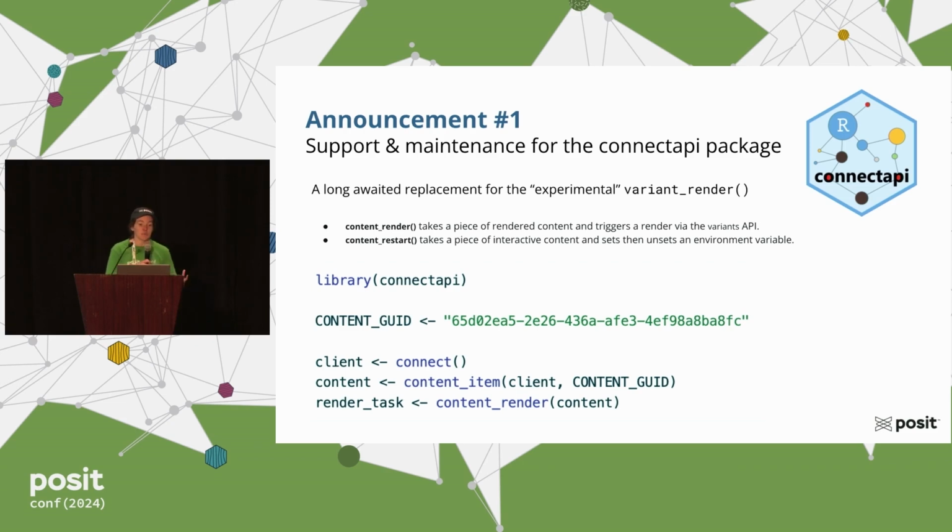We've replaced it with a content render function and also a content restart function, which if you're getting really wild, you can use to restart interactive content as well. That's something that you're interested in doing on demand. There are different user experience issues with that you might experience, but it's also an option. So that's announcement number 1.